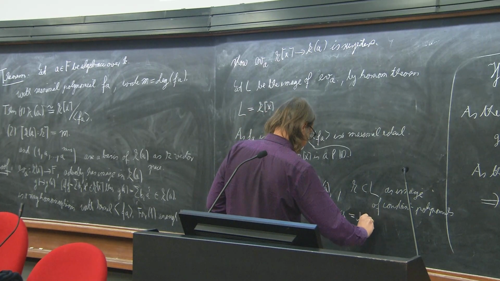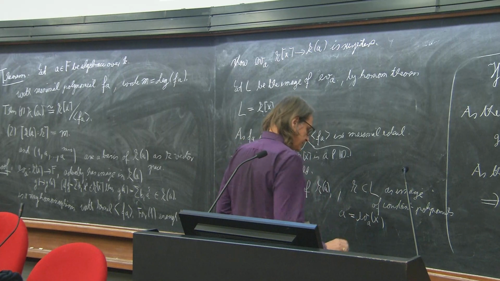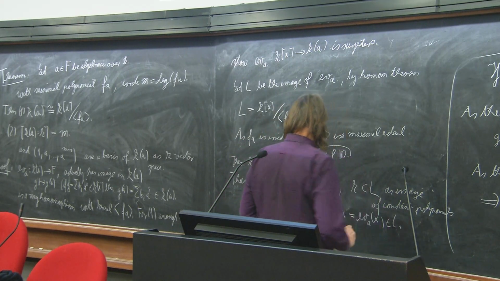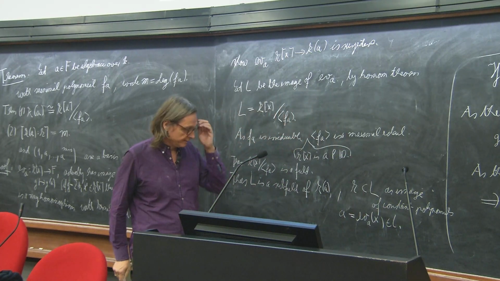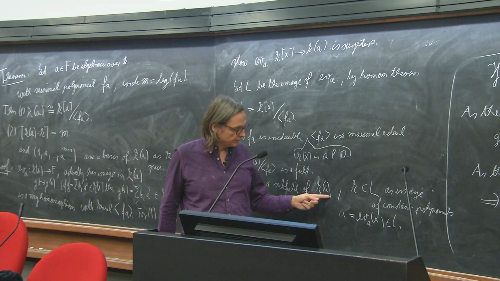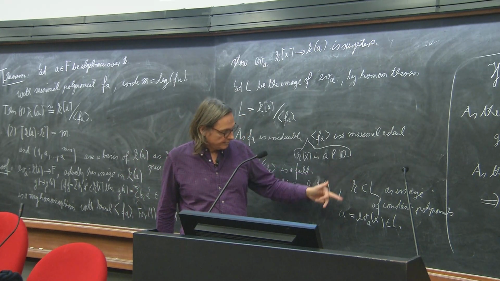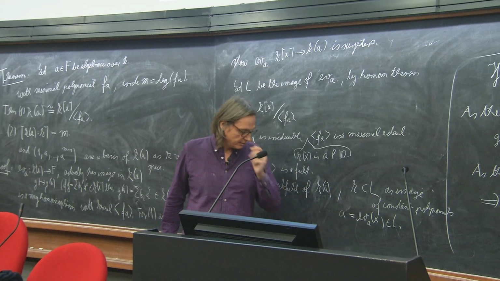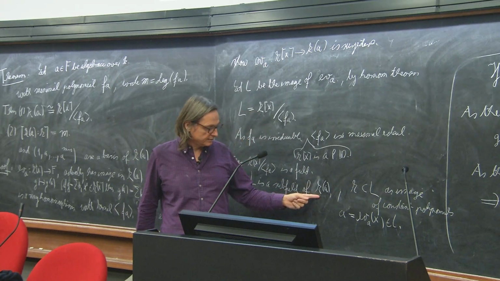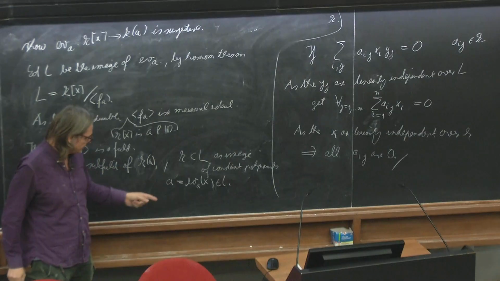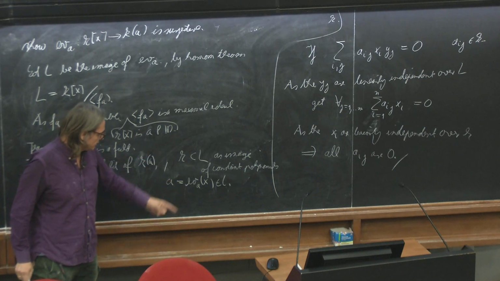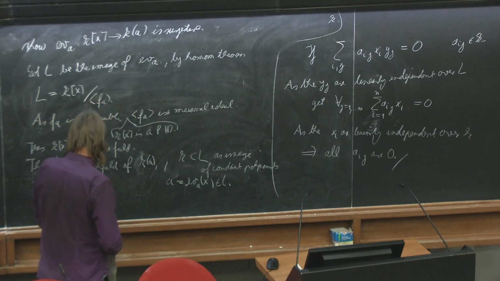And the evaluation at A of the polynomial X is also in L. So therefore, we have found a subfield of L which contains K and A. But we know that K(A) is the smallest subfield of L which contains K and A. So therefore, this must be K(A).